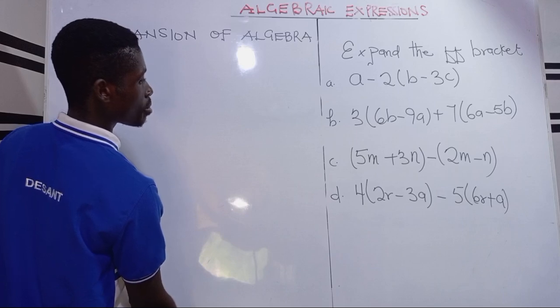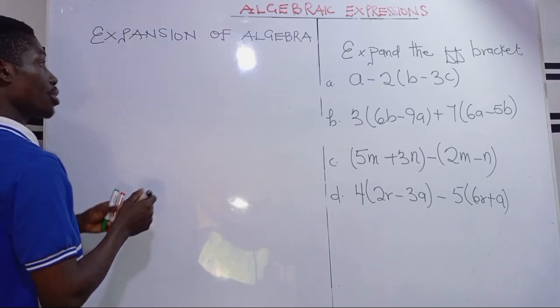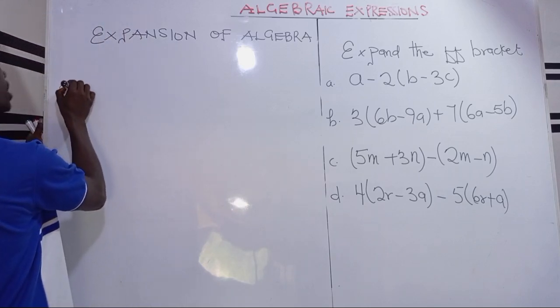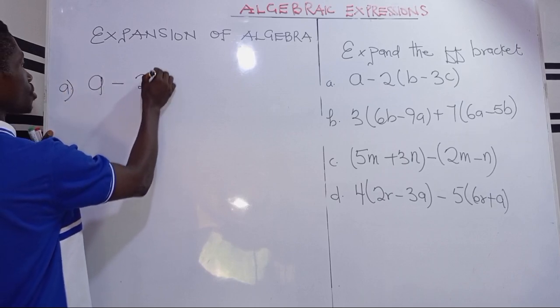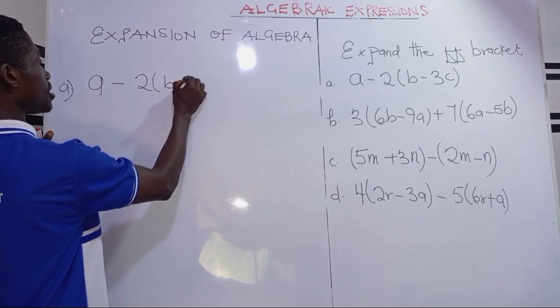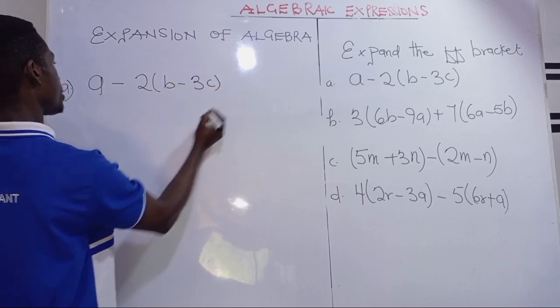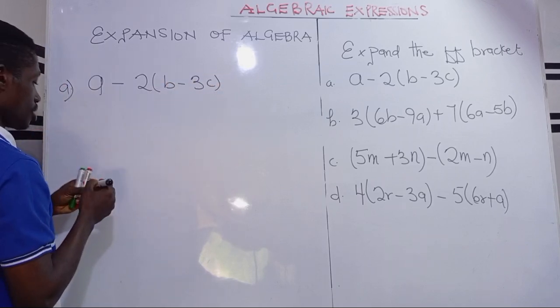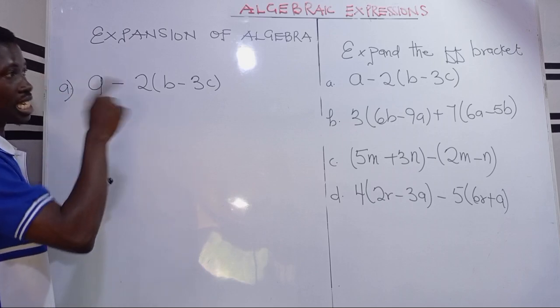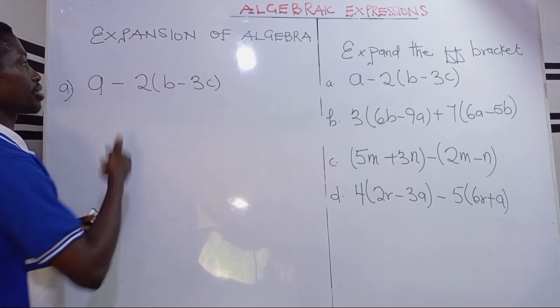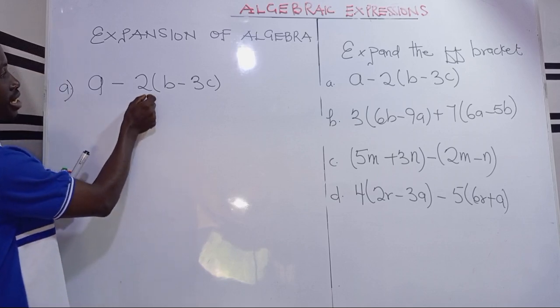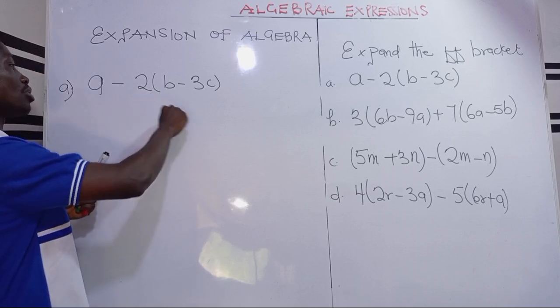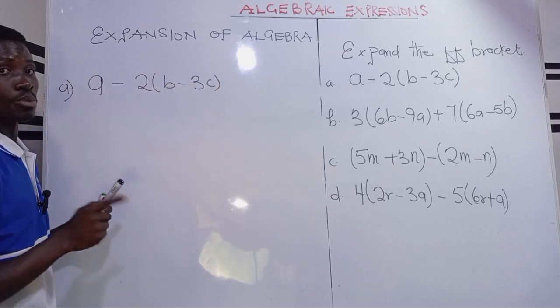So we have these few examples. Let's go through them. We have the first one, example A: A minus 2(B minus 3C). So we have to expand and then simplify. In expansion, the number outside the bracket is going to multiply the individual terms within the bracket.